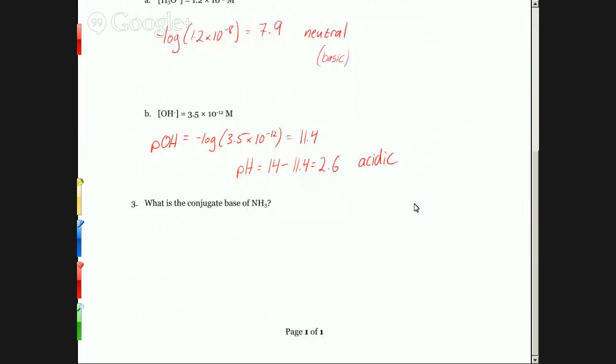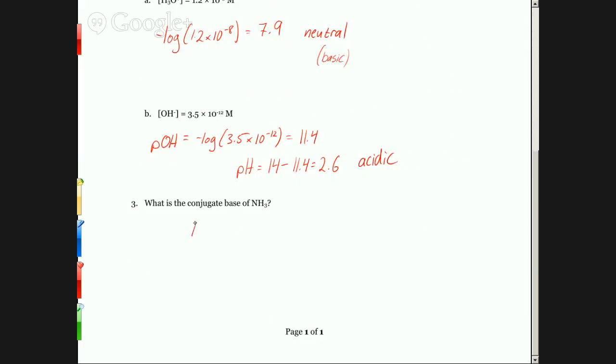And then finally, the conjugate base. Now, sometimes it is a little bit confusing to think about these things in these terms. Conjugate base is when something acts as an acid, loses its hydrogen, and then becomes a conjugate base. So some people like to set up a reaction where you see this happening.